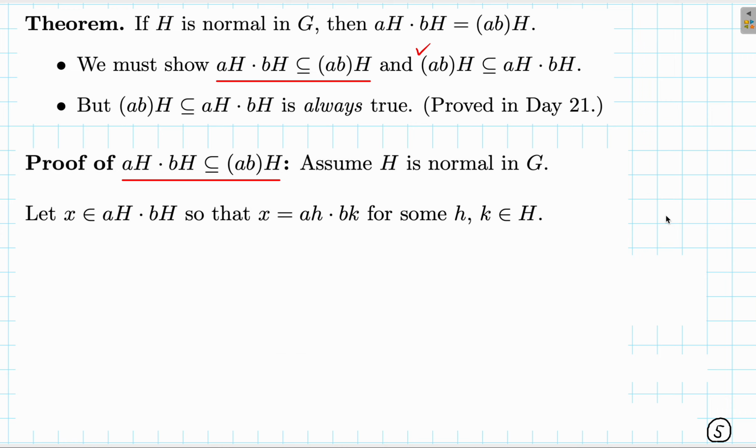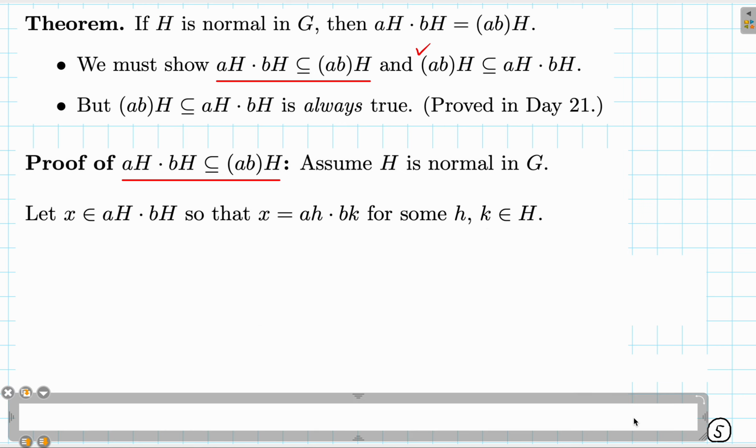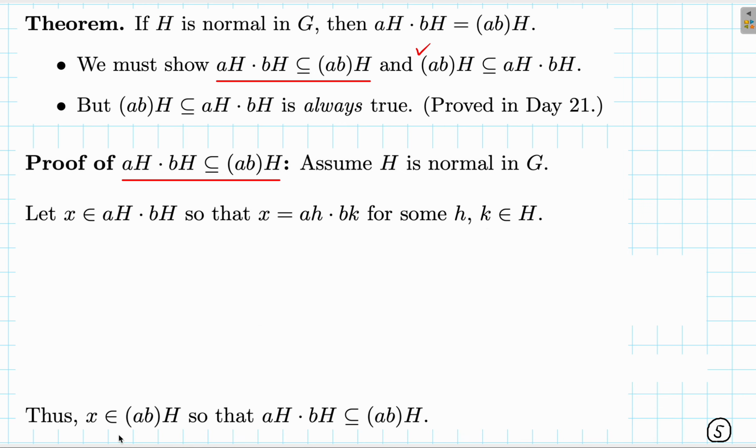We'll let X be an element of AH times BH, so that it looks like A times little h times B times k for some elements little h and k in the subgroup H. And then at the very bottom, we'll jump to our ending. Namely, we'll show that X is an element of ABH, and that gives us the desired set inclusion.